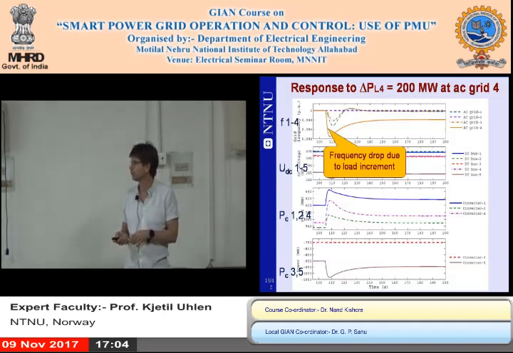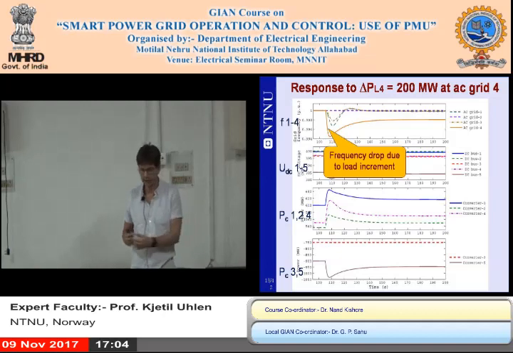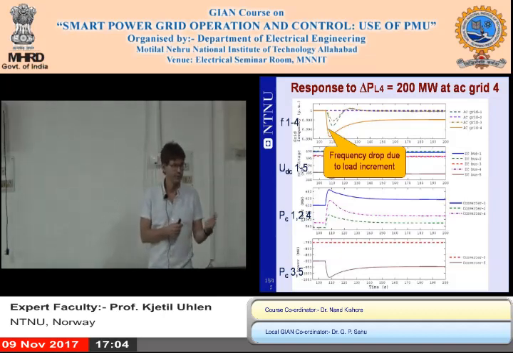So what happens? The converter at that node responds due to the frequency droop. So the frequency droop senses the local frequency and demands more power from the DC grid.